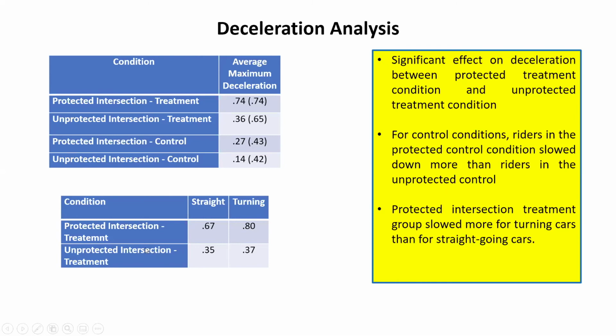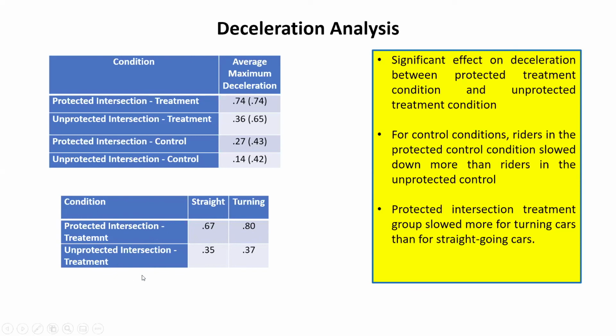When we analyze just the protected intersection treatment and unprotected treatment for the straight and turning cars, because in the treatment condition only the participant experienced both the straight car and the turning car, we found a significant main effect of condition. The protected treatment condition was associated with 0.47 meter per second squared maximum deceleration, compared to 0.13 meter per second squared for straight going cars.